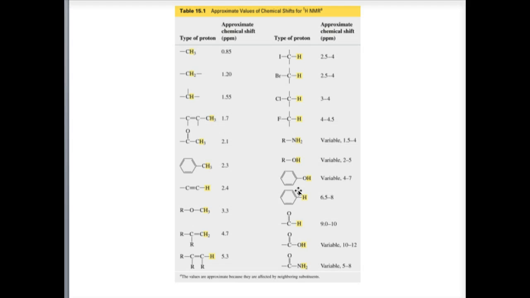Okay, here are some characteristic values of chemical shifts. This table here is table 15.1, and it gives various protons highlighted in these molecules, giving you an idea of what the approximate chemical shift will be.